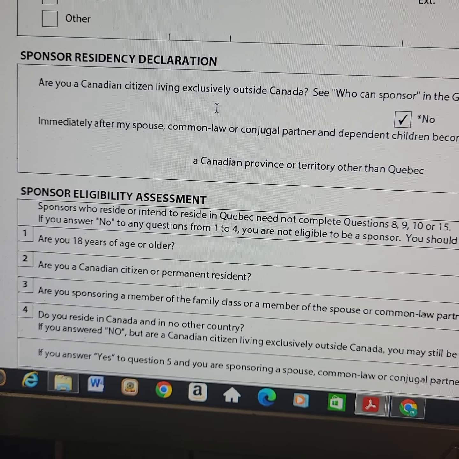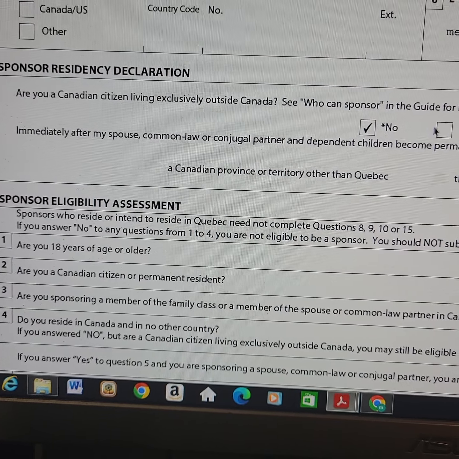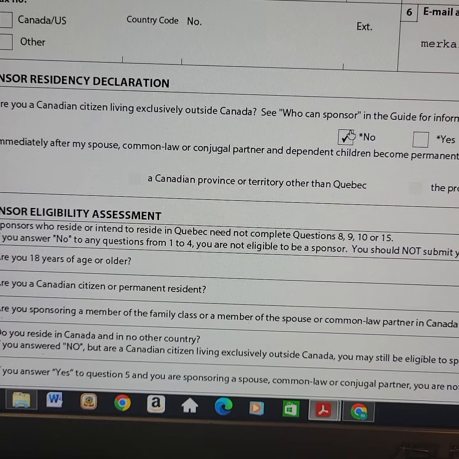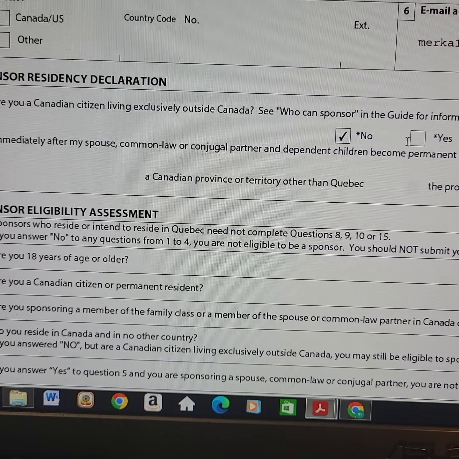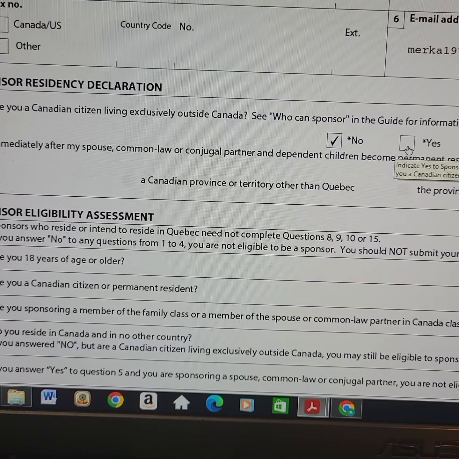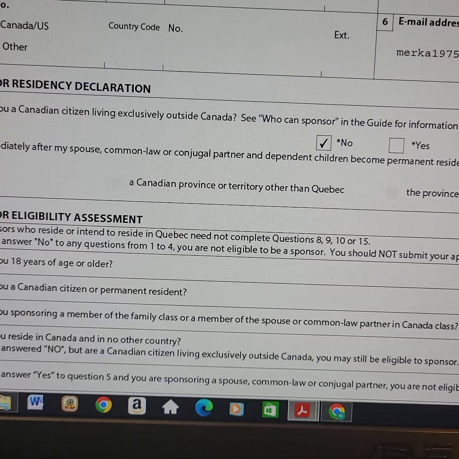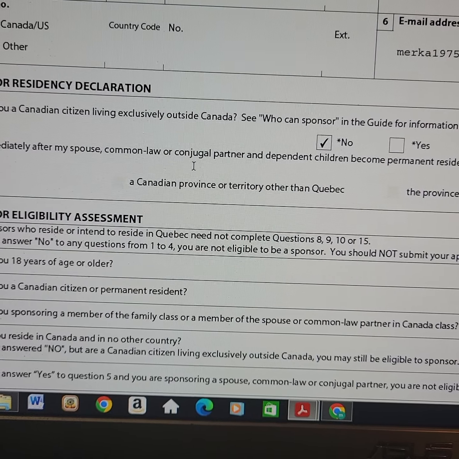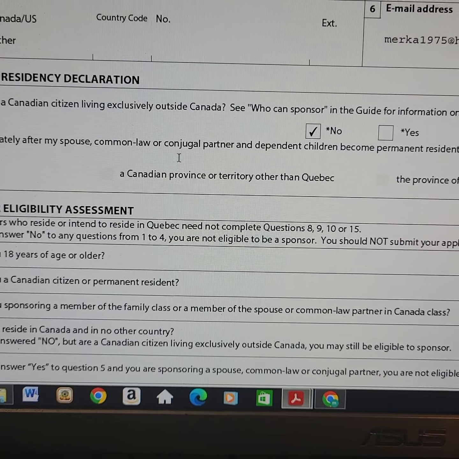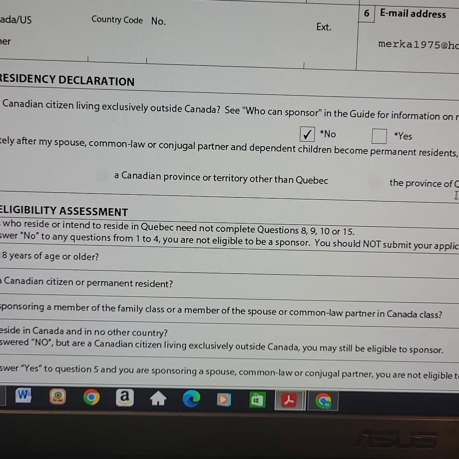Okay, sponsor residency declaration. Are you a Canadian citizen living exclusively outside Canada? See who can sponsor in the guide for information on residency. Now, I don't live outside of Canada, so I click no. If you do live outside Canada and you're trying to sponsor your spouse, you have to click yes, and then go to the next questions, which ask where you would be living once your spouse gets the permanent residence, whether in a Canadian province or territory other than Quebec or the province of Quebec.